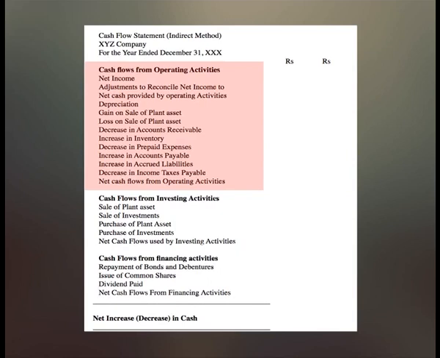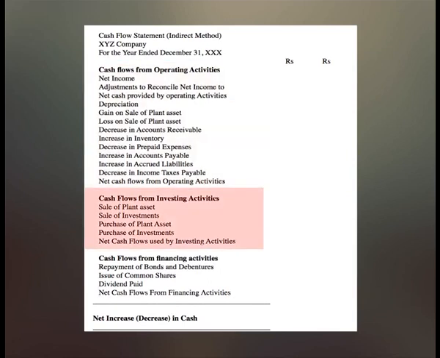Then we have depreciation, then gain on sale of plant asset, then we have loss on sale of plant asset, then we have decrease in accounts receivable, increase in inventory, decrease in prepaid expenses, increase in accounts payable, increase in accrued liabilities, decrease in income tax payable. For this, we have net cash flows from the operating activities.